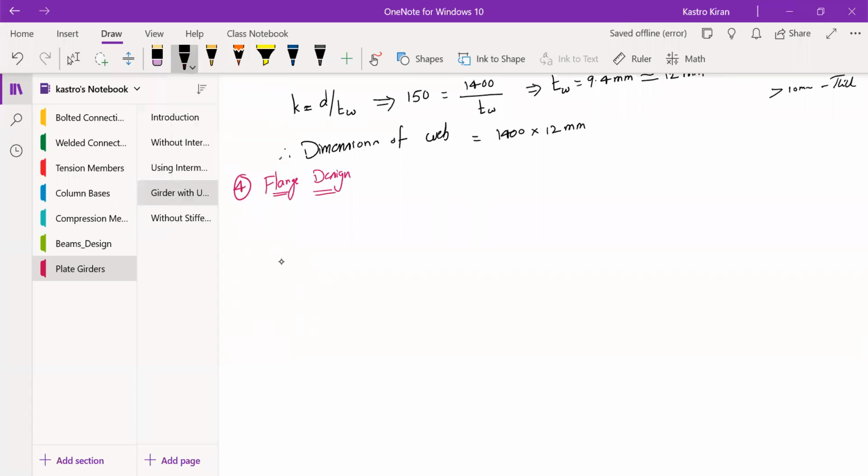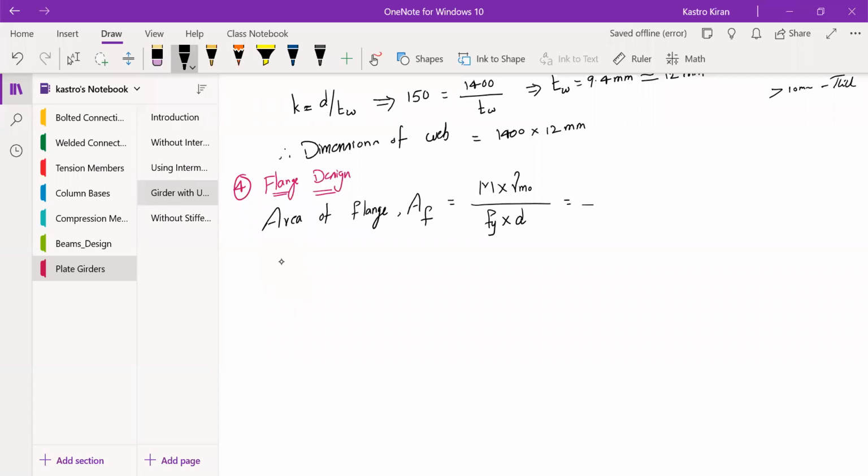You have to design the flange based on the moment value. So here it goes in a little different way than the first two models of problems. It can be found out in this way. Area of flange, AF. A represents area and F represents flange. Area of flange equals M, that is moment, into gamma m naught divided by Fy into D. So from this formula, you can find out the area of the flange value.